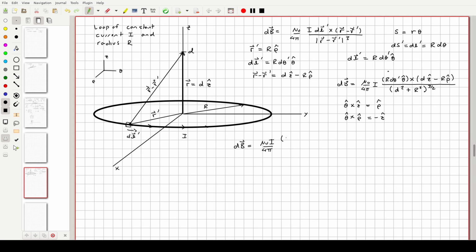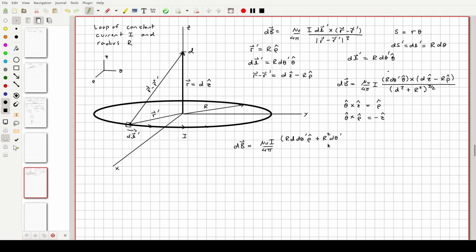I have an r d theta prime, theta hat cross z hat, which is rho hat, minus an r squared d theta prime, theta hat cross rho hat, which is minus z hat.